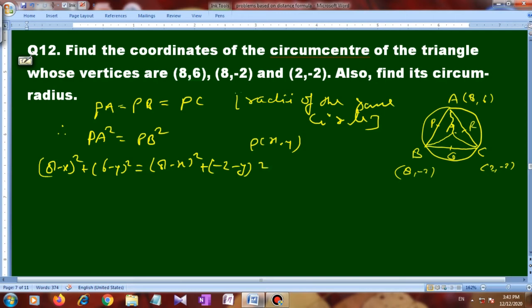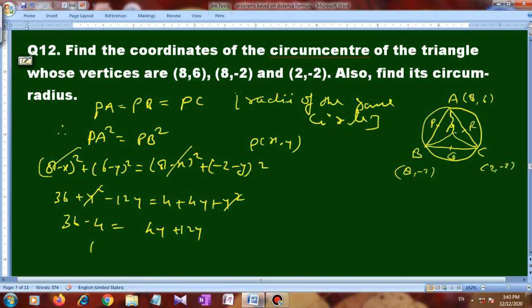So (8 minus x) whole square on both sides is the same, so this is cancelled. And (6 minus y) whole square will become 36 plus y square minus 12y, and this will become 4 plus 4y plus y square. The y square cancels, and when you transfer 12y towards 4y, and 4 towards 36, then you will get 36 minus 4 equal to 4y plus 12y.